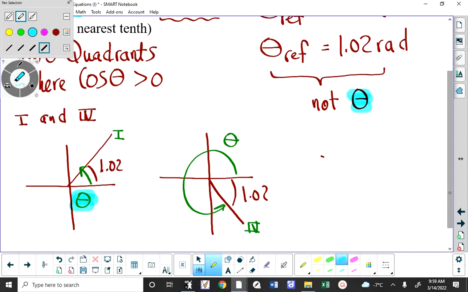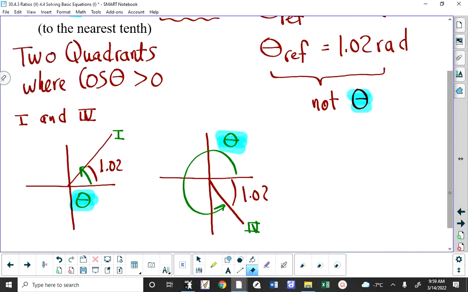This is what you want to find. So you look at the first diagram, and we can say theta equals 1.02 rads. If it's in quadrant 1, whatever the reference angle is, that's the rotation angle.